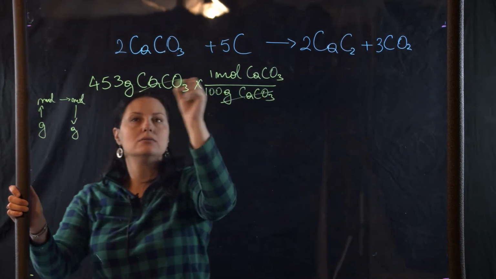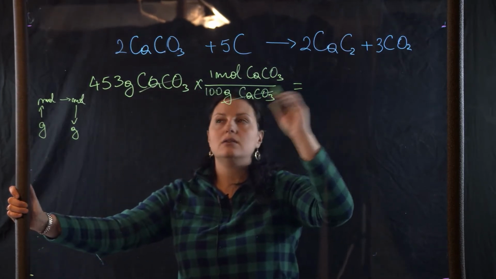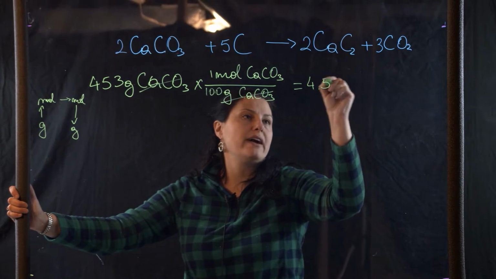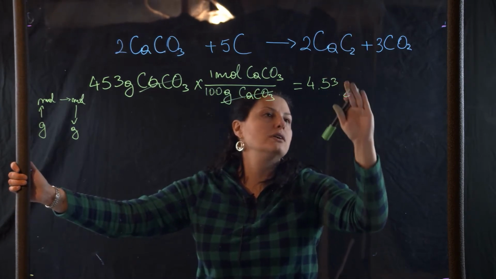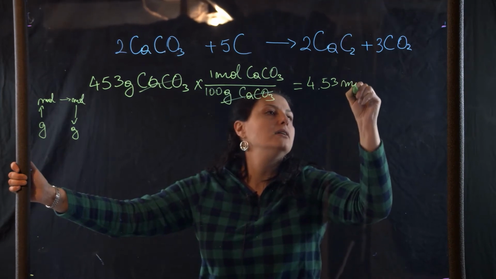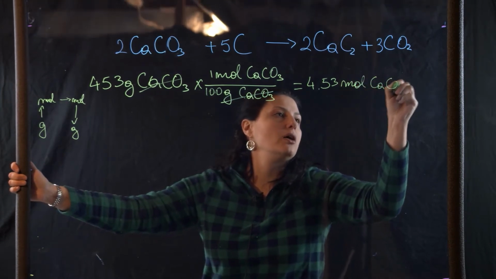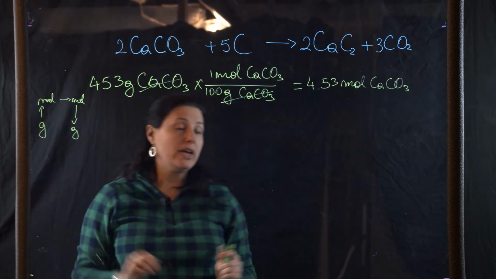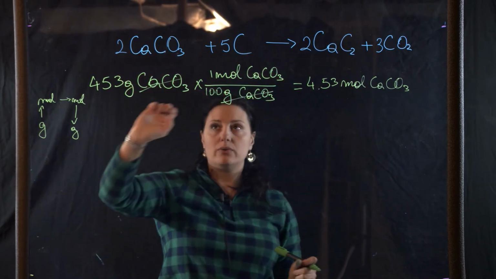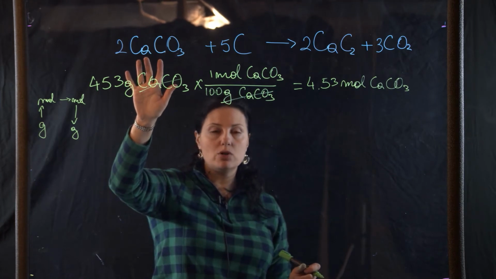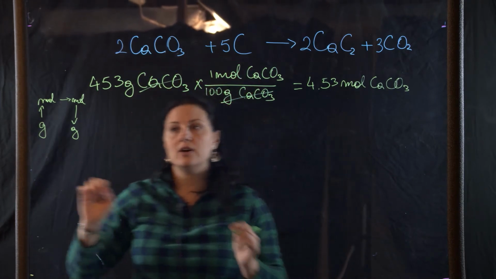This will cancel, and it gives me 4.53 moles of calcium carbonate. Okay, now that I have an amount in moles, I can use the balanced chemical reaction to go from moles of calcium carbonate to moles of carbon.